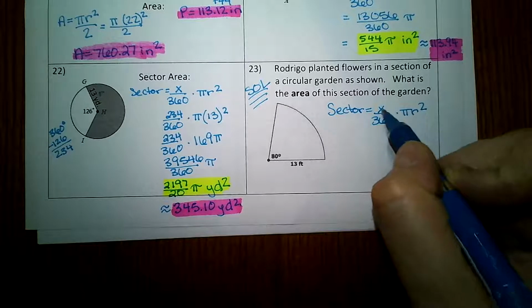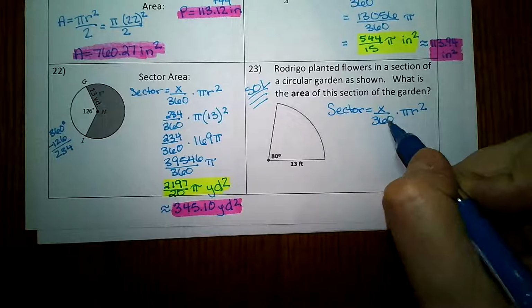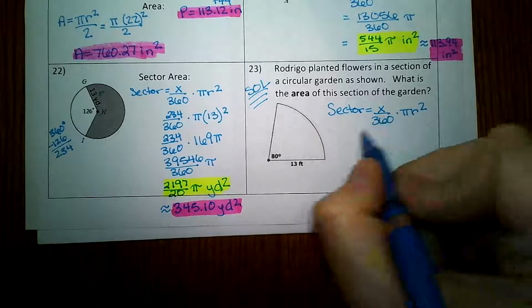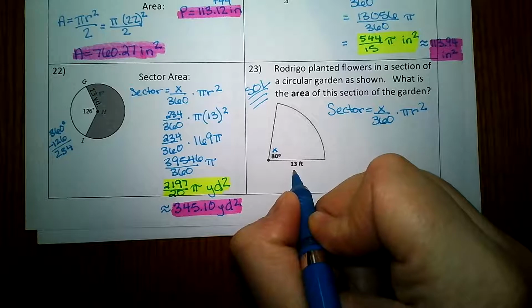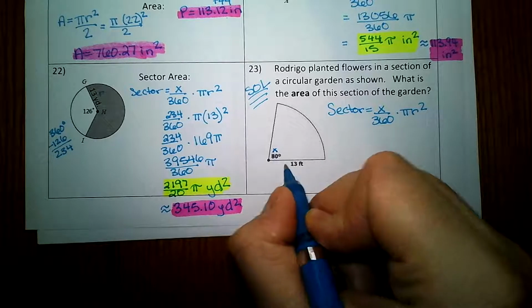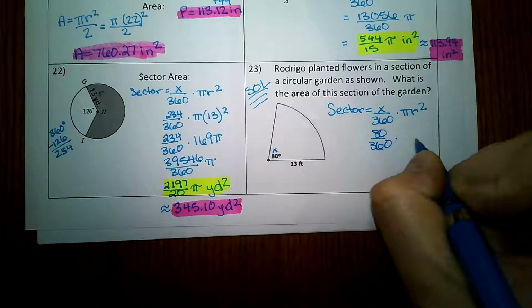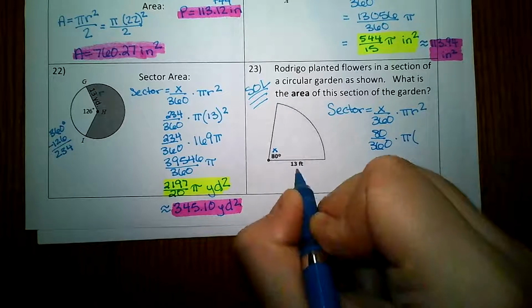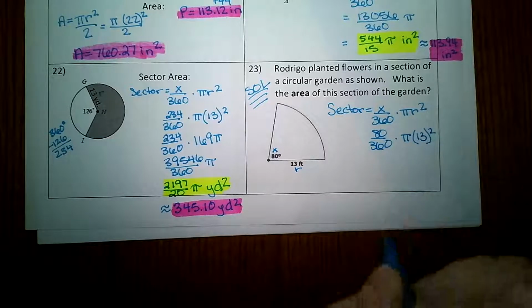So you're looking for a section or a portion, that's what the x over 360 is, out of the total area. Here, the section is the 80-degree curve out of 360 times pi times the radius of 13 squared.